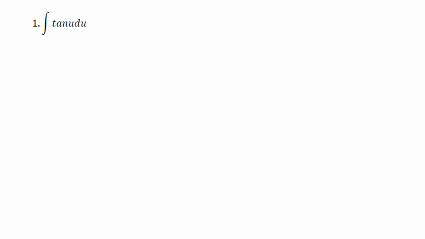Applying our trigonometric identities, we could write this as the integral of sine u over cosine u times du. If we take the differential of the denominator, which is cosine u, the differential of cosine u is negative sine u du. So we will correct the numerator in the integrand by introducing negative 1, or simply the negative sign.